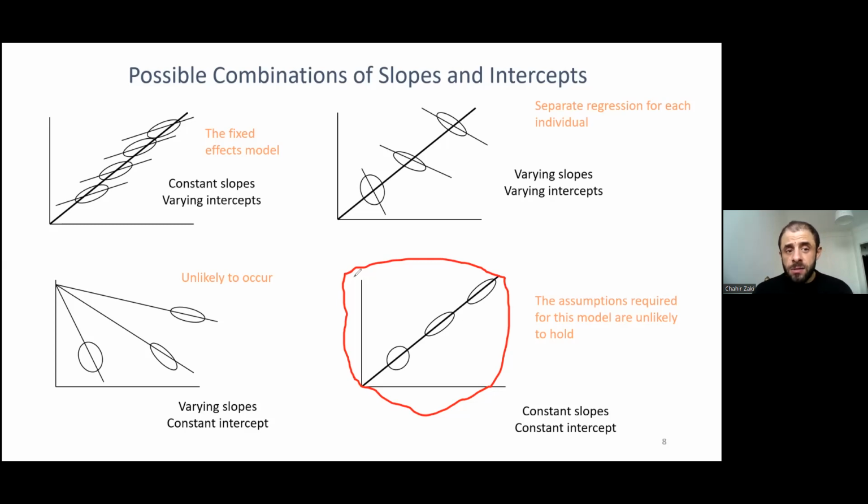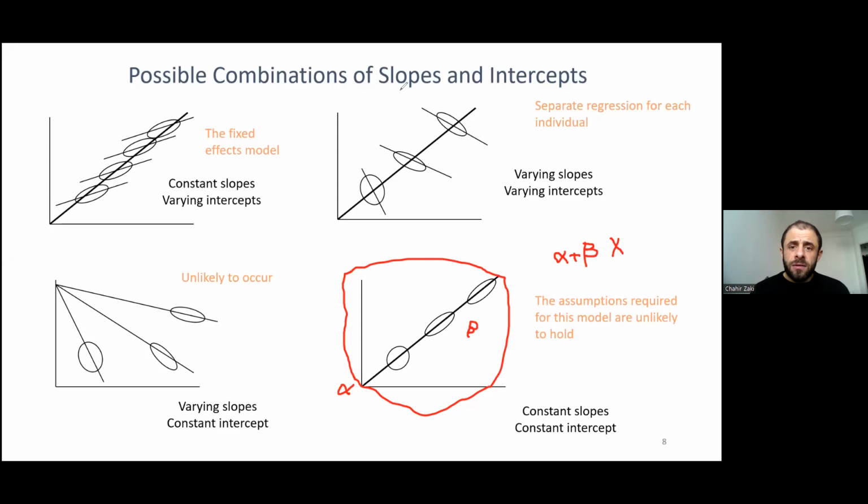And in this case, we are running the regression using simple OLS, where we assume that I have just one intercept, which is alpha, and the same slope for all individuals, which is beta x. The intercept is alpha, the slope is beta, and it's the same for everyone.